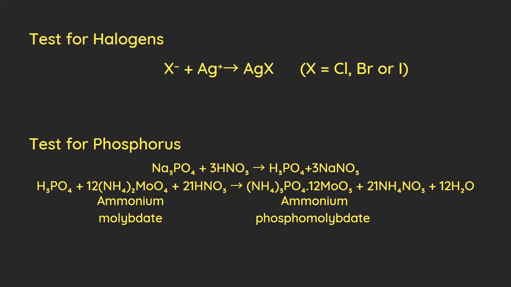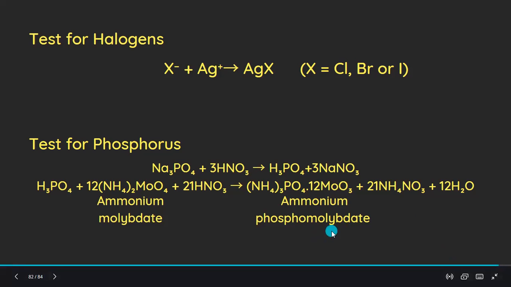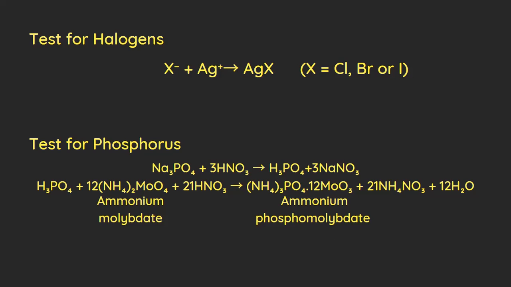Then we boil it, add in the acid, so acidifying it, followed by the addition of ammonium molybdate. This leads to the formation of ammonium phosphomolybdate, which is yellow in color. And this in turn shows the presence of phosphorus.